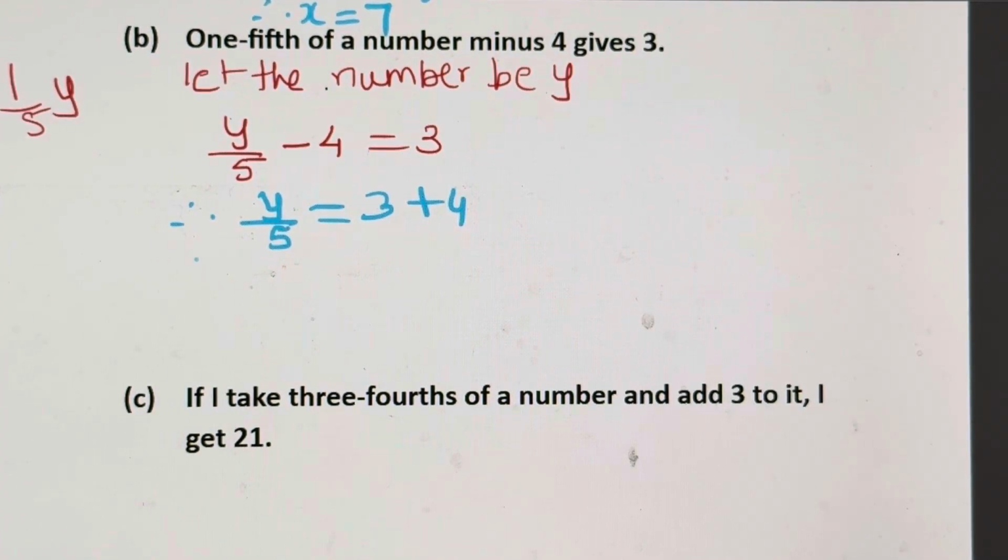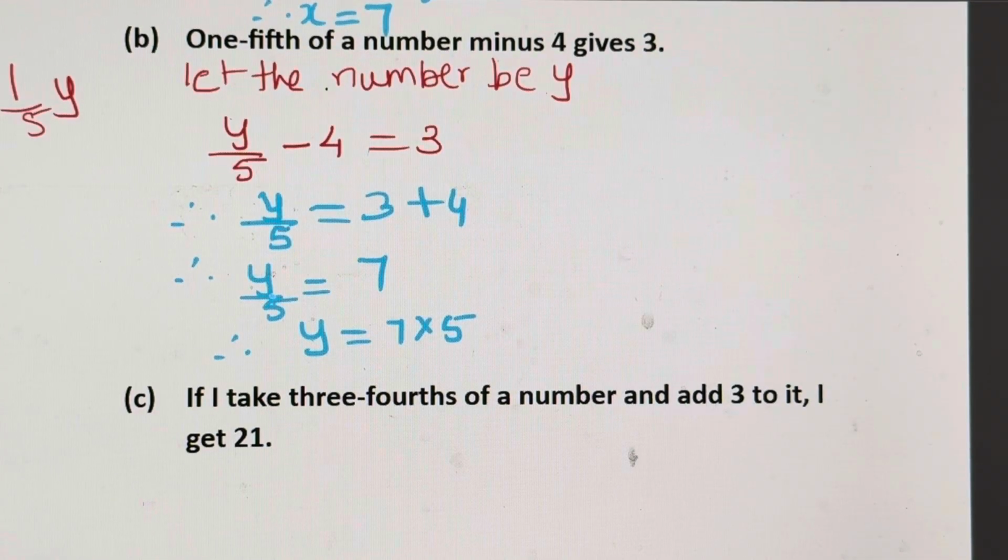First we solve that. 3 plus 4 is 7. Now this 5 is in division, so it goes to that side and becomes multiplication. So 7 multiplied by 5. Therefore, y is equal to 35. This is question number B.